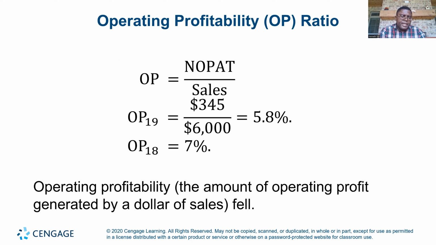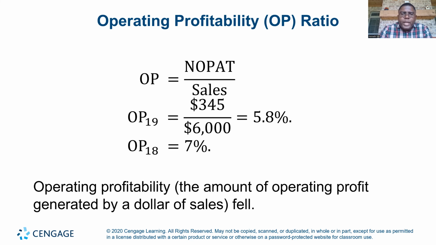Operating profitability tells us the percentage of operating profit per dollar of sales, the amount of operating profit generated by a dollar of sales.